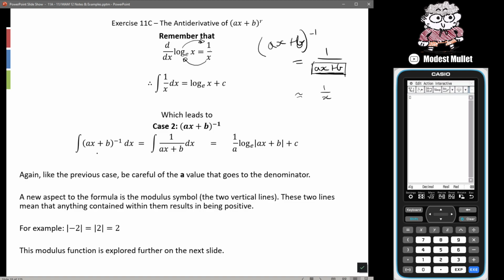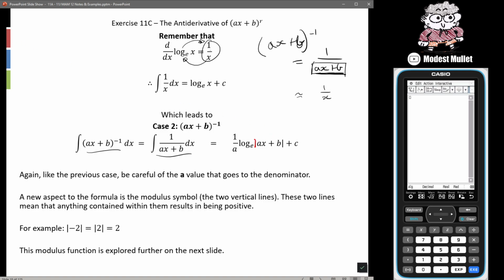We can write it as this fraction, which looks very similar to 1 on x, and the antiderivative is equal to 1 on a. Again, this coefficient comes out the front, down to the bottom into the denominator, and we get log e to the ax plus b.